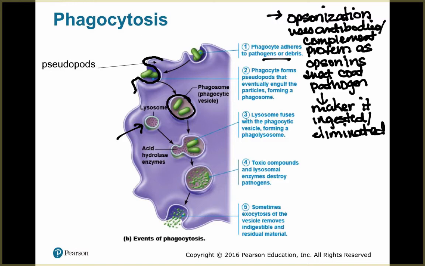Now, within the cell, there are the organelles that are called lysosomes. And within the lysosomes, they have enzymes called acid hydrolase, right? And that acid hydrolase allows you to destroy and basically get rid of stuff. They're kind of like a garbage disposal, right? It's just going to tear and break things apart. So what happens is that lysosome mixes with that phagosome, and it makes what's known as a phagolysosome.